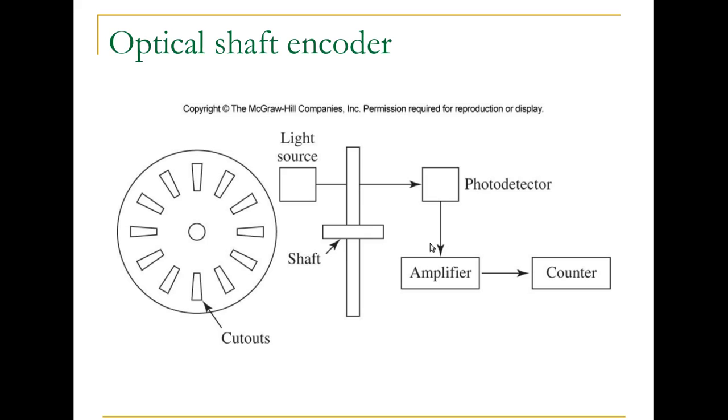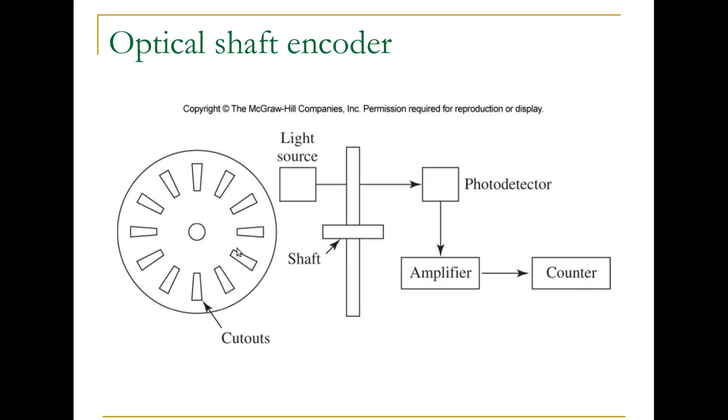And the shaft encoder signal can either be fed to a counter to measure the change in position, or if you want to get velocity, you can measure the frequency of those pulses, and that'll give you velocity. This is the simplest geometry for a shaft optical encoder. Changes can be made where you can read direction also, in addition to just pulses, you can read the direction that the shaft is going.